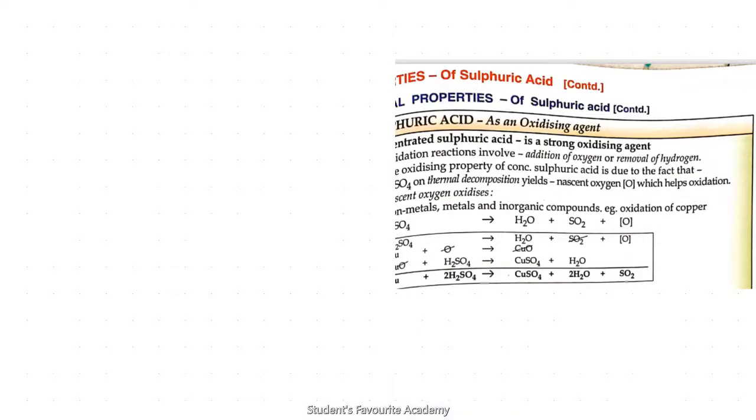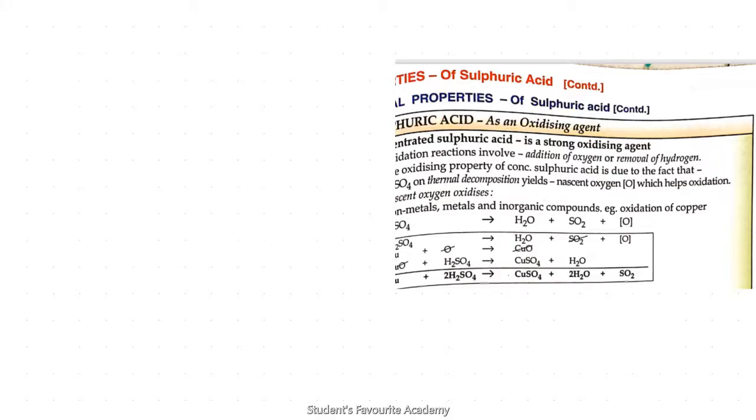Now moving on to the next thing, children. The next thing is the chemical properties of sulfuric acid, in which sulfuric acid acts as an oxidizing agent. When we talk about an oxidizing agent, what does this mean, children? It means that it is getting reduced, and that is why it is oxidizing the other thing with which it is reacting.